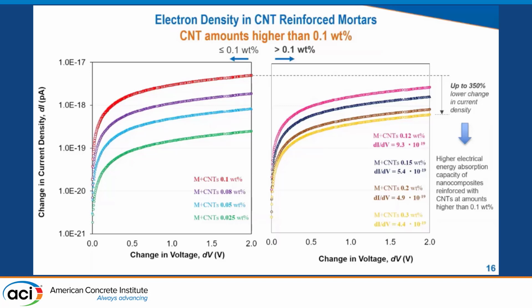However, here this is not the case for the current density. Actually, we see that increasing the amount of nanotubes, the current density decreases, up to 350%. And this indicates that the material is able to store electrical energy.